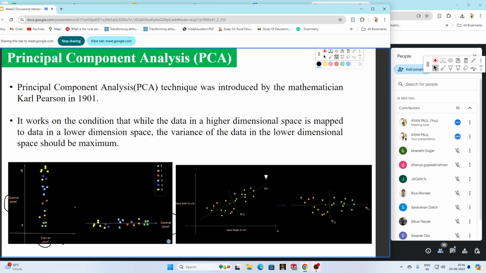In this direction, PC1, the variation is more, and in the other direction the variation is less. So we can convert this into two axes, PC1 and PC2. PC1 has more variation, that is why PC1, and this has less variation, that is why PC2. So that is our idea of principal component.